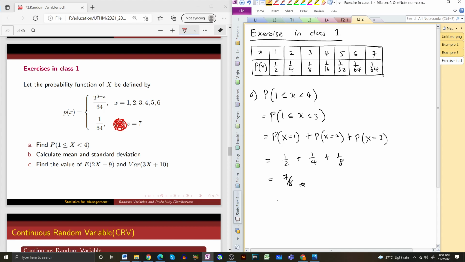This would be the answer for A. Try to find the mean and standard deviation.